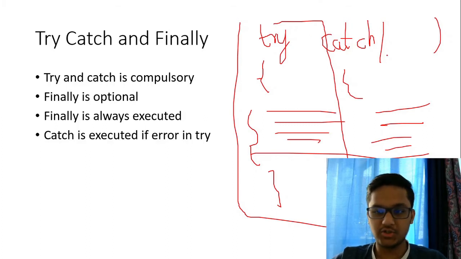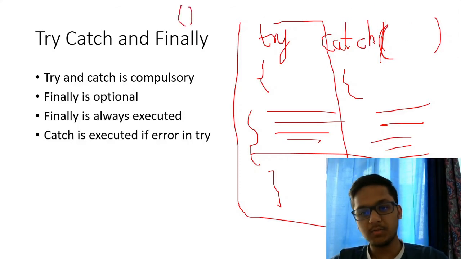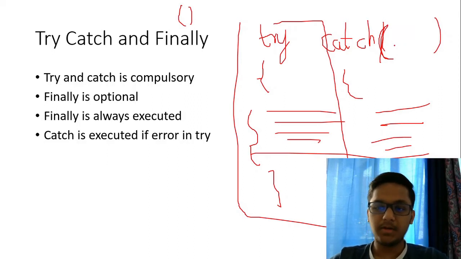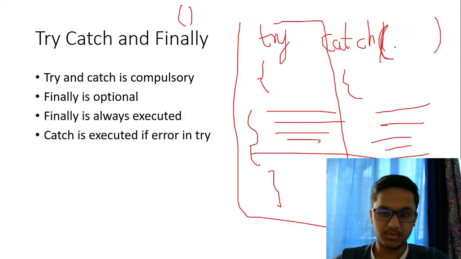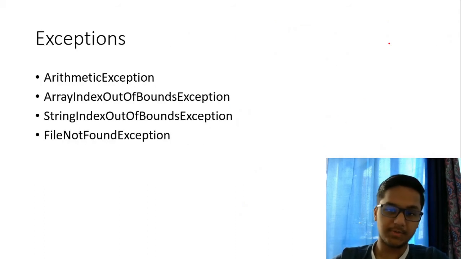It's the same as try, just that there are some parameters in these brackets. This bracket is just normal parentheses. So what's the parameter? This parameter is basically what kind of exception. So let's say I'm anticipating an arithmetic exception; in the parentheses, I'll put ArithmeticException and then a variable.